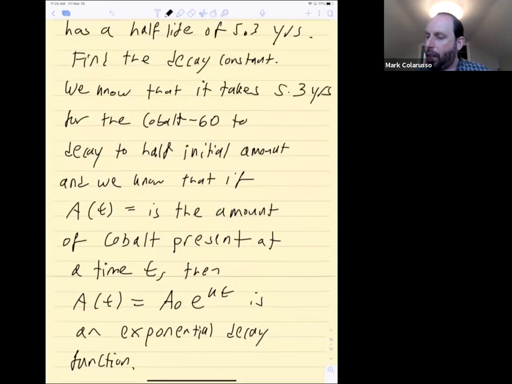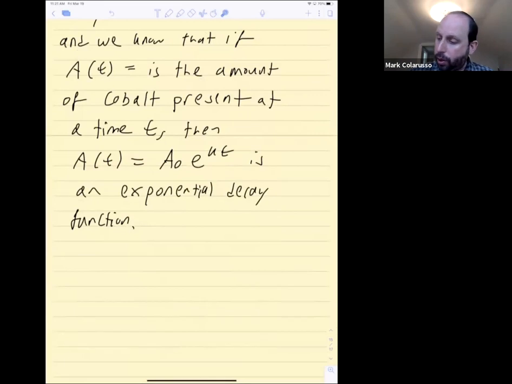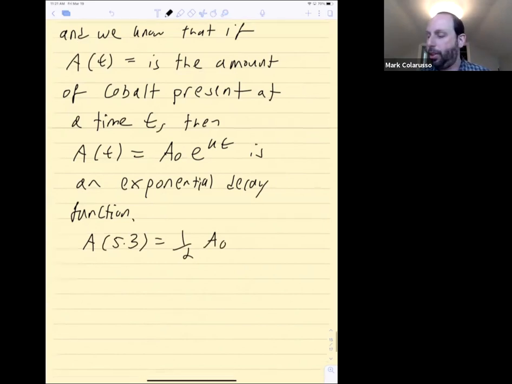Now, that's just from the setting of exponential decay, but now I need to translate the statement that it takes 5.3 years for the cobalt 60 to decay to half the initial amount into an equation. That's actually not too bad to do. We're told that A of 5.3, if we plug in 5.3 years, half the amount is present. Half the initial amount is present after one half-life of 5.3 years.